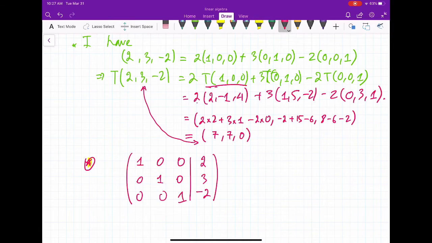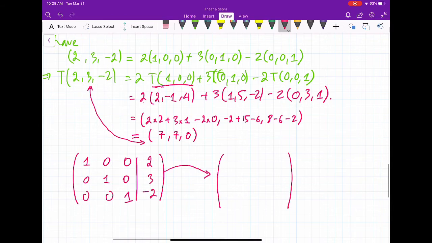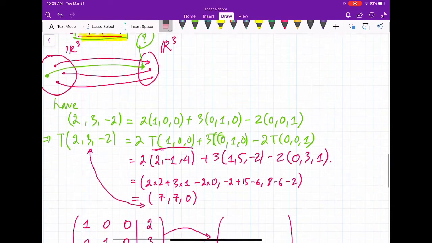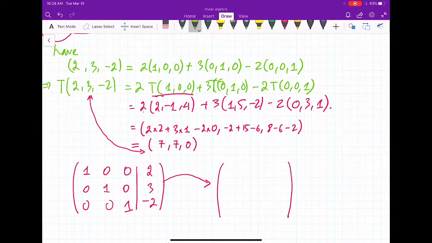Once I solve this, I just need to apply the image of those vectors to the solutions of this system.